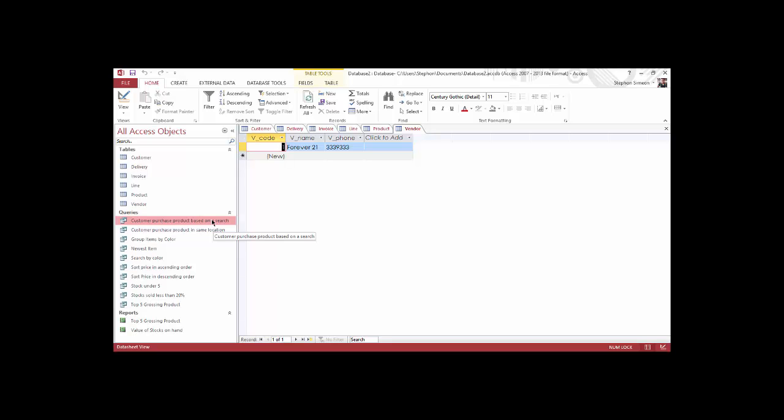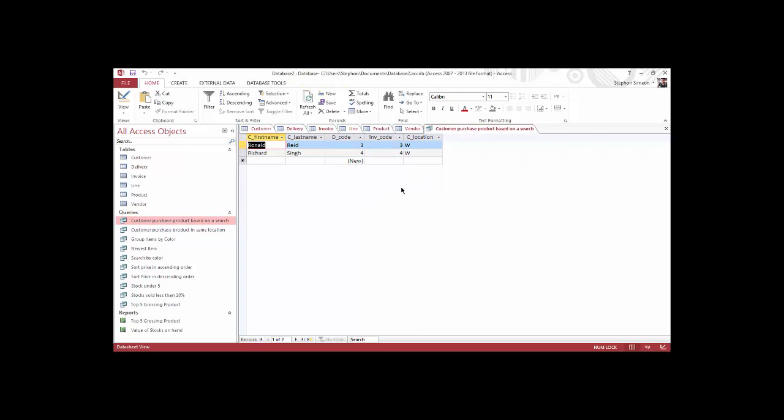They want to know which customers purchased something in a particular area, say south in particular, or in the west. So here just enter W for west. It will show you the customers who purchased a product from the west.